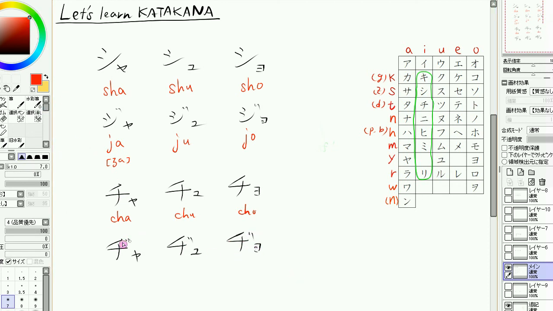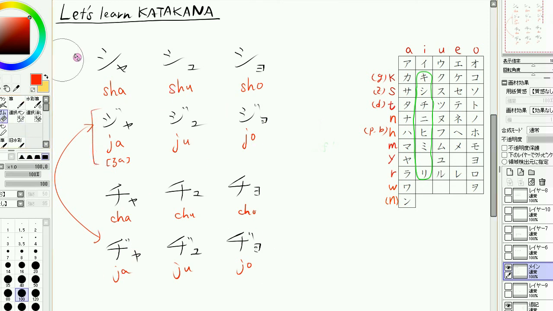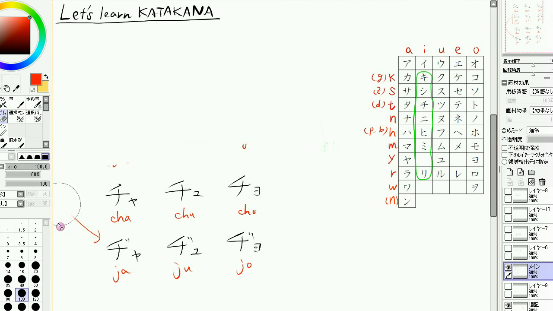This part was ji, right? So once again, these are the same sounds. Ja, ju, jo. But mostly, these characters are used rather than these.